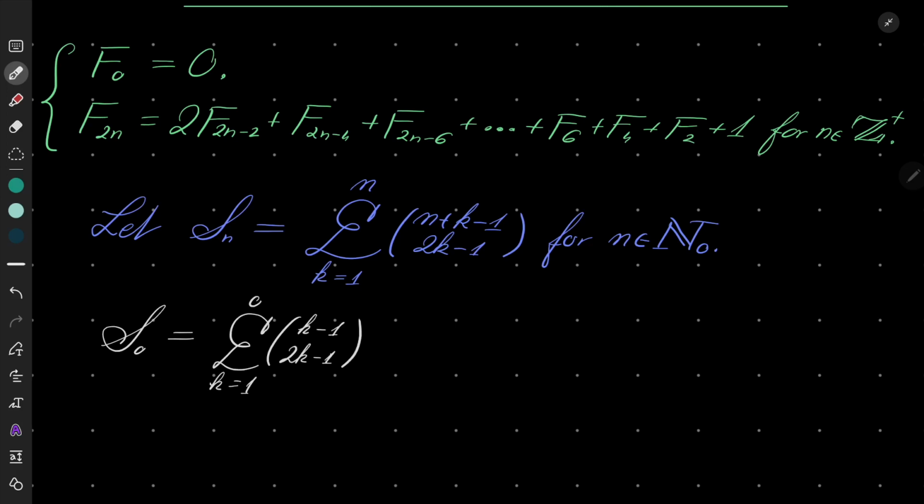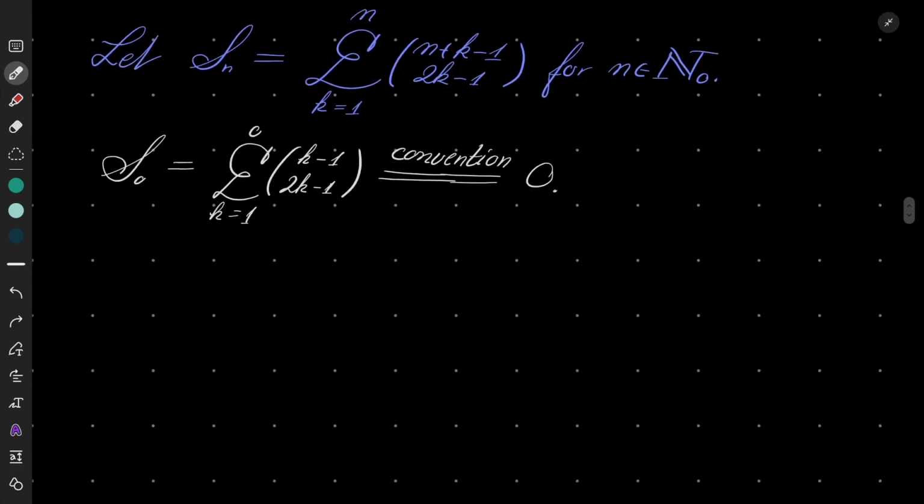And we know that since the lower index is greater than the upper index, this is an empty sum, and an empty sum is by convention 0. So okay, F of 0 really equals S of 0. So our initial condition is satisfied.